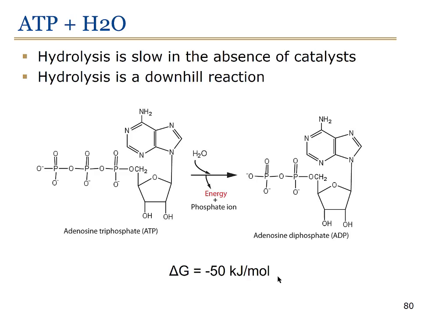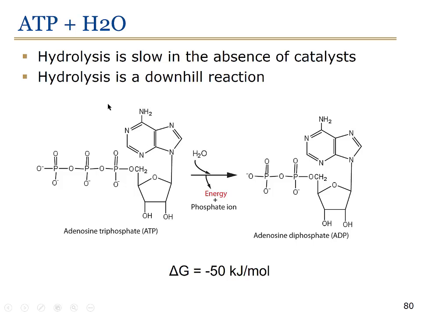So here's ATP. It has a group that's called adenosine, highly water soluble, and then it has 3 phosphates in a row here. This bond likes to break, and then we get phosphate, and we end up with adenosine diphosphate.